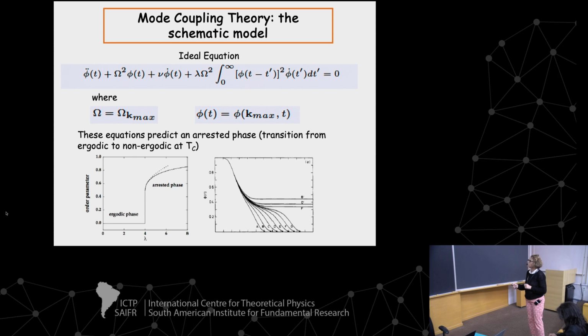Okay, so MCT predicts a power law that you can measure for the shape of this correlator in getting into the plateau, and a power law in getting outside the plateau. The power laws have exponents: I call the exponent of this part a, the exponent of this part b. These are two exponents of the theory that, if you have the f of q,t, you have to measure with a fit.